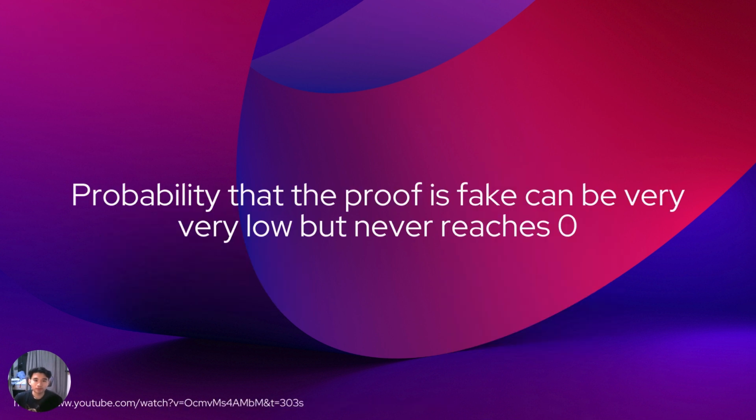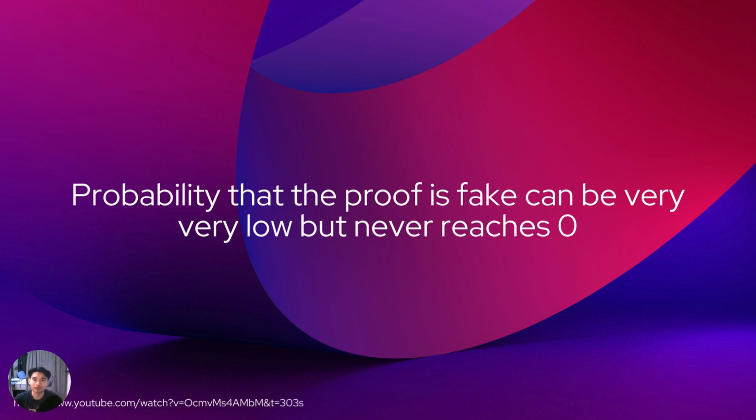I would like to recap this again: with zero knowledge proof, the probability that the proof is fake can be very, very low, but it will never reach zero. So we can only use it to increase the integrity and the authenticity, but it cannot be a 100% guarantee that it is authenticated.